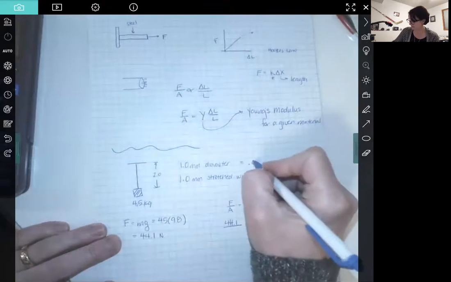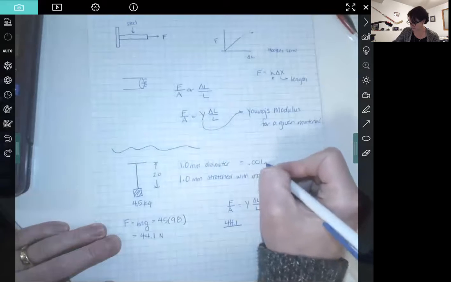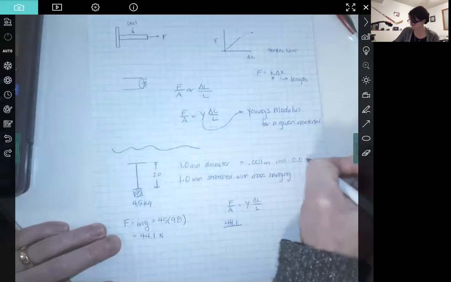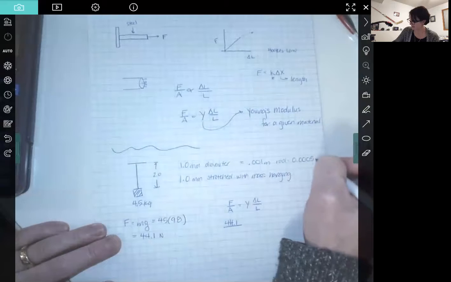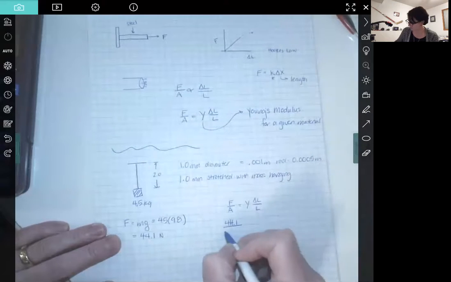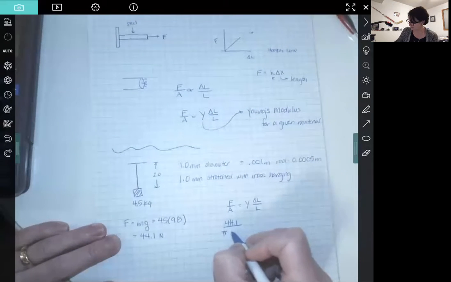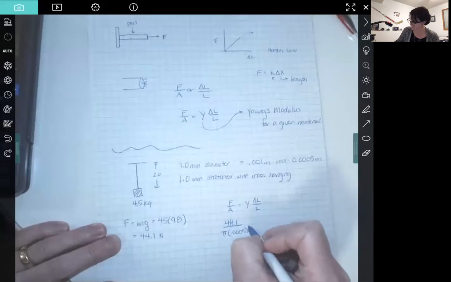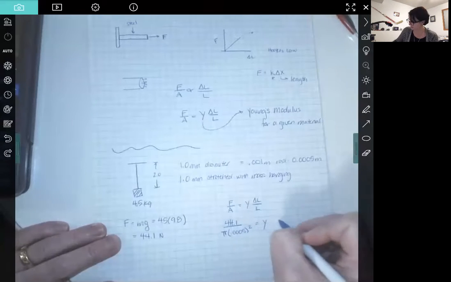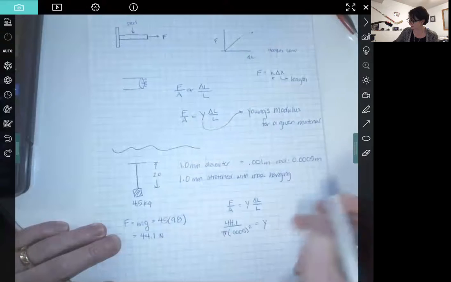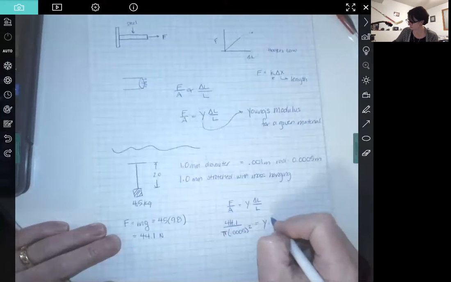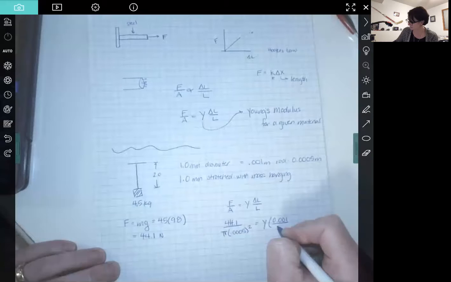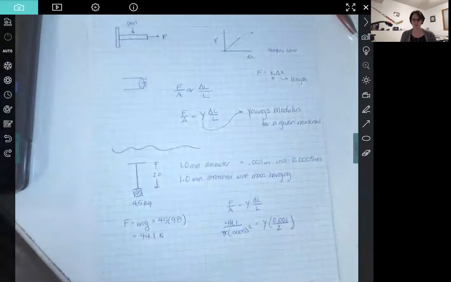So that's 0.001 meters, which means we have a radius of 0.0005 meters. So pi times the radius, 0.0005 squared, is going to equal Young's modulus. We said our change in length is 1 millimeter, excuse me. So it's 0.001 over my 2 meter long object.